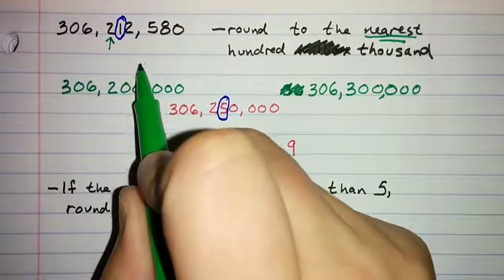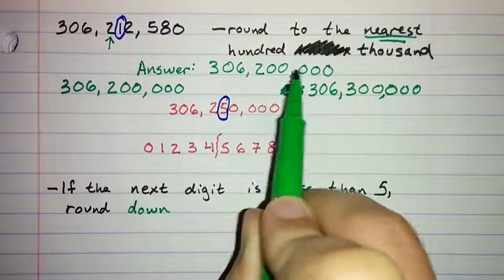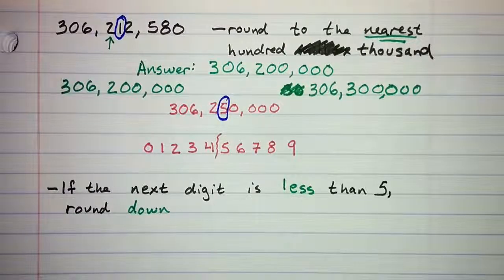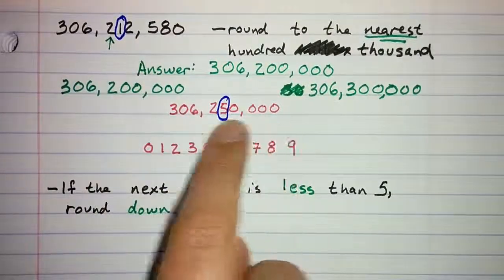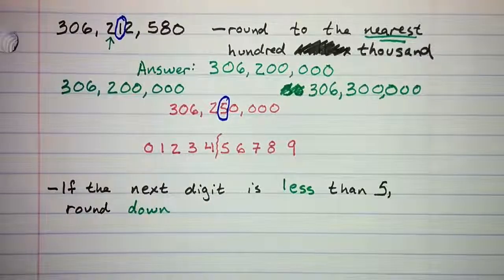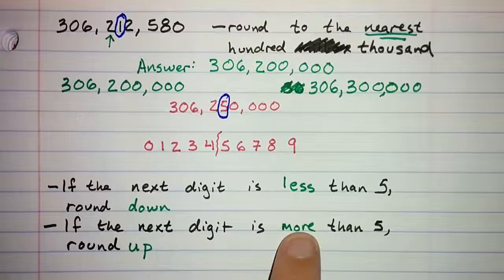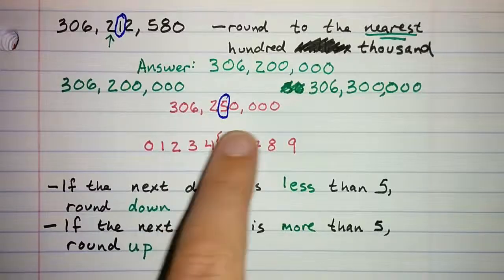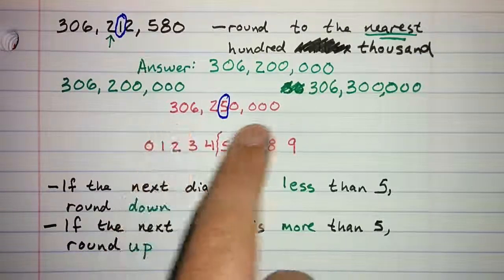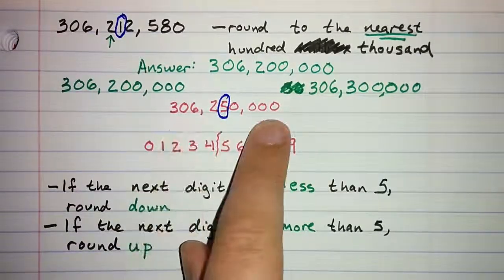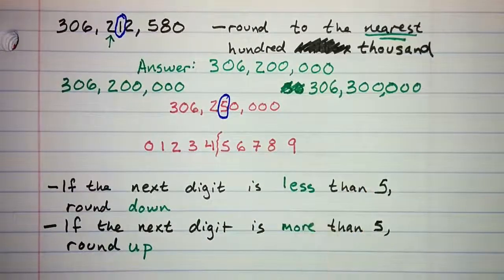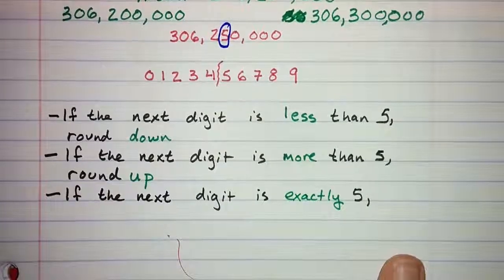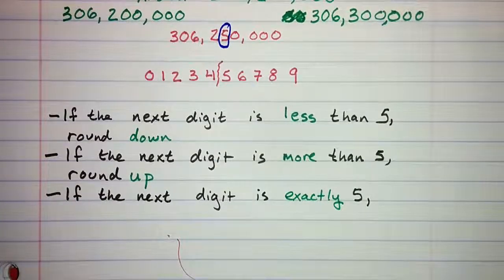Our answer here is 306,200,000. If the next digit is more than 5, then the number we started with will be bigger than this middle number, so we'll want to round up to the next 100,000. What should we do if the next digit is exactly 5?